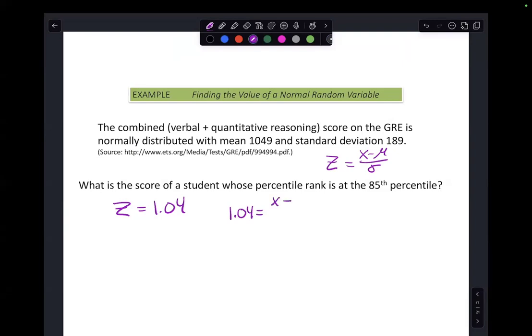I know the mean is 1049. The standard deviation is 189. All we need to do here is use a little bit of algebra to solve for x. Let's multiply both sides by 189, because that's going to cancel that out. Let's see.